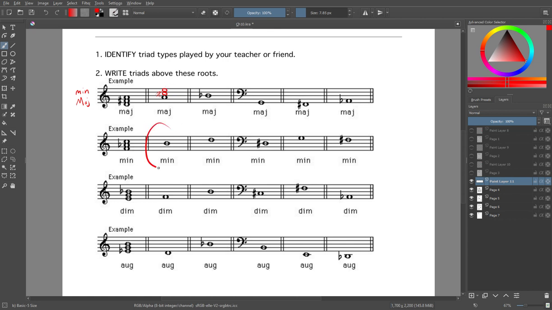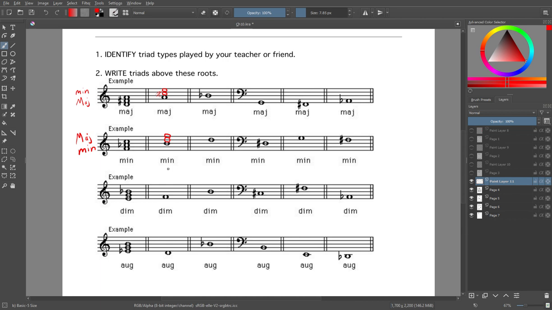Now let's take a look at this one here. We're going to do a minor one. Now remember, with minor triads, we have a minor third on the bottom and a major third on the top. So first things first, put in your note heads. So we have B to D. Is that a major third or a minor third?